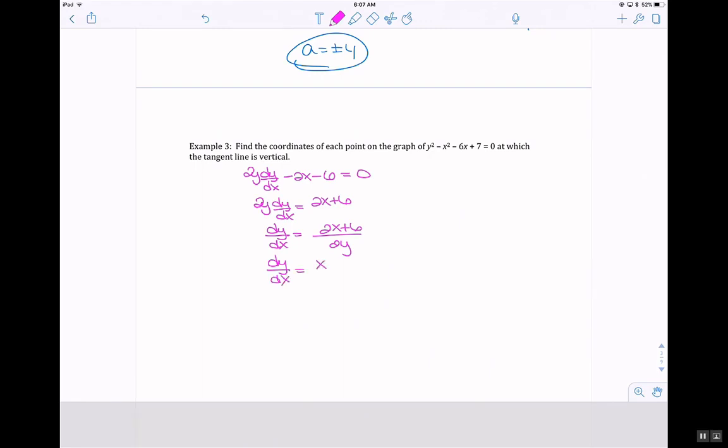They're all divisible by 2, so dy dx is equal to x plus 3 over y, because I could factor a 2 out of my numerator. There's a horizontal tangent when the numerator is equal to 0. And my denominator being equal to 0 is my vertical tangent.